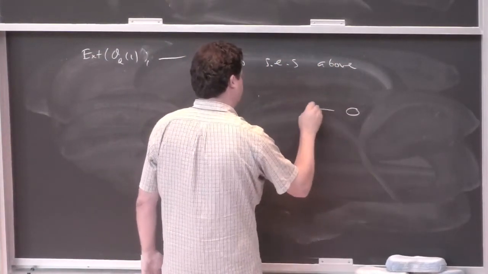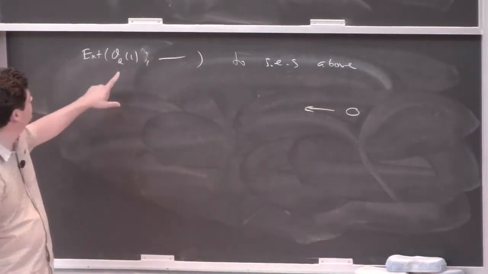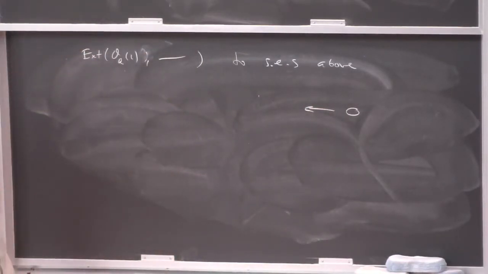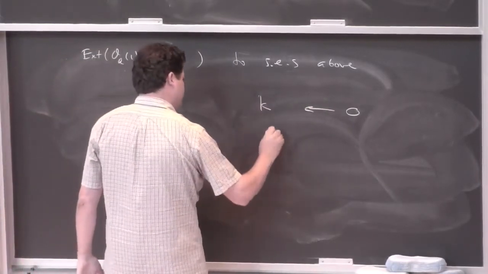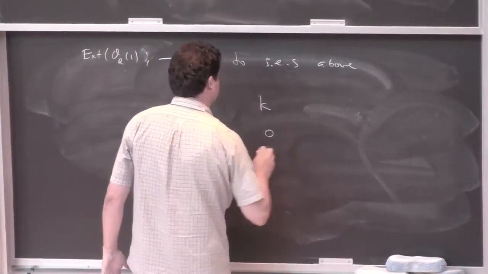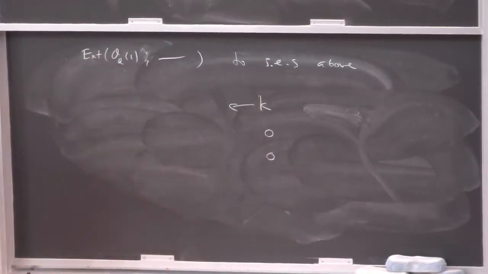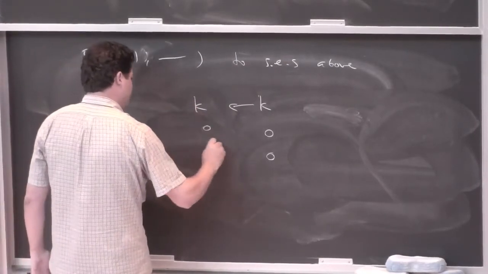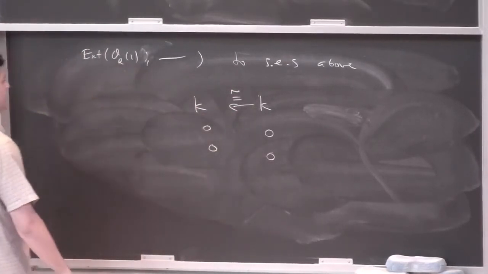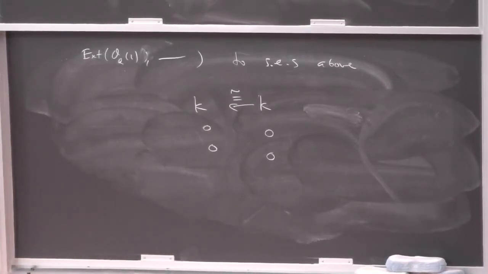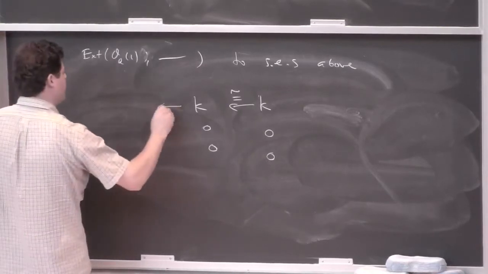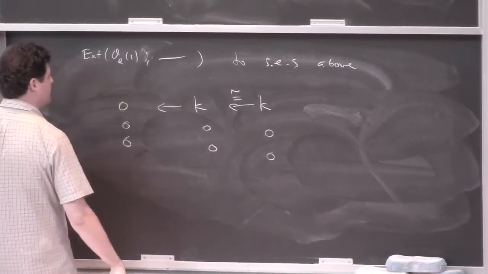And what am I going to get? I'm going to get 0. Ext from OQ of 1 to OP of 1 we already calculated. This was k, 0, 0. Ext from OQ of 1 to OQ of 1 is also k, 0, 0. And this, by construction, is an isomorphism. You take the identity map from OQ of 1 to itself, and then you restrict, and that's the map that it has to be. And so this has to be all zeros.